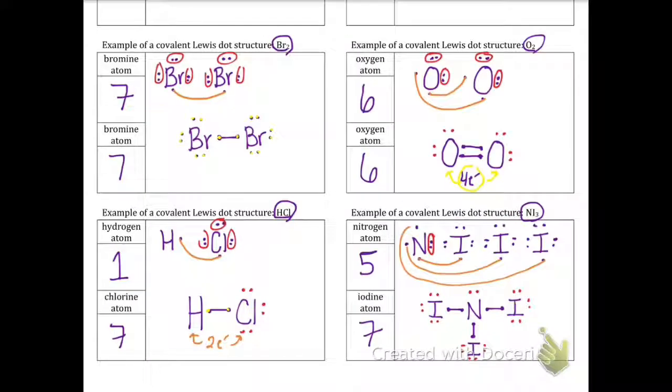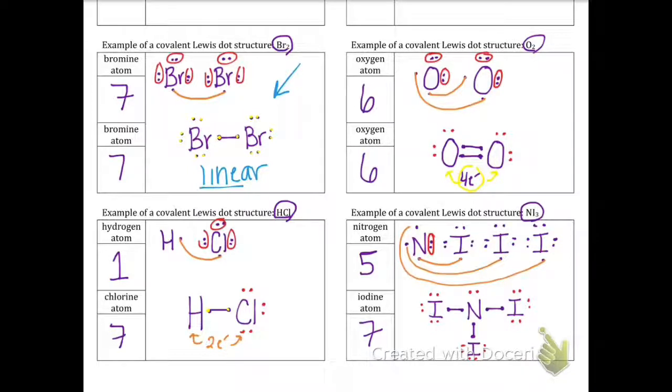Okay, now let's apply it to these next 4. Here, if you look at this example, we see that there is no central atom. Because there's no central atom, it creates a single line, but we call it linear.